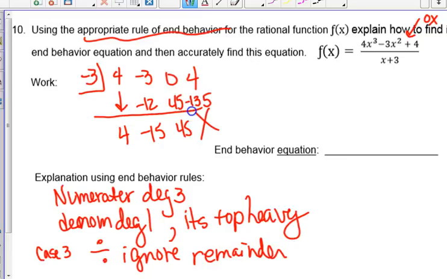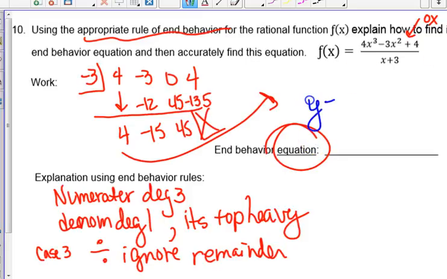But we get to ignore the remainder anyway. That's the remainder. So this is the end behavior. It says equation. That means, and it shows it on the sheet, it's y equals. And this gets an x, and this gets an x squared. So it's y equals 4x squared minus 15x plus 45.